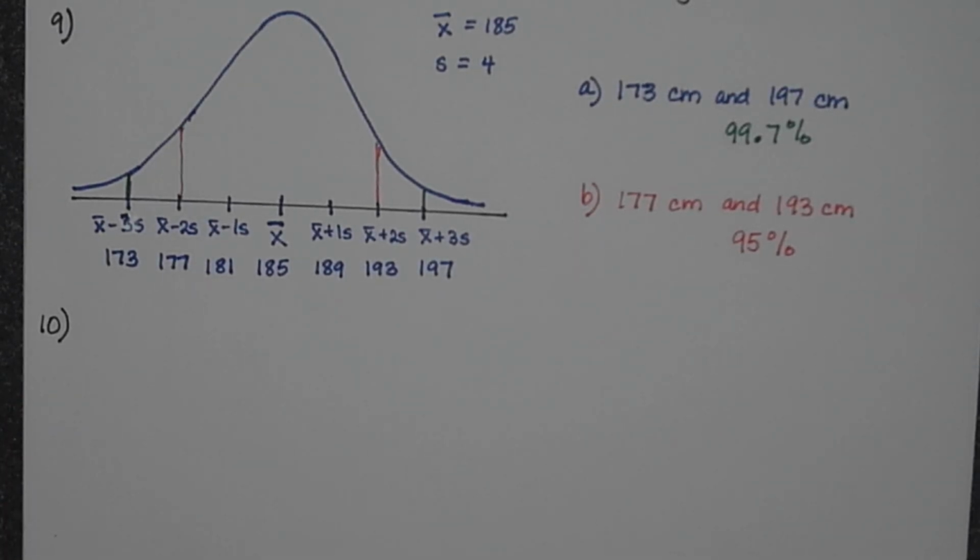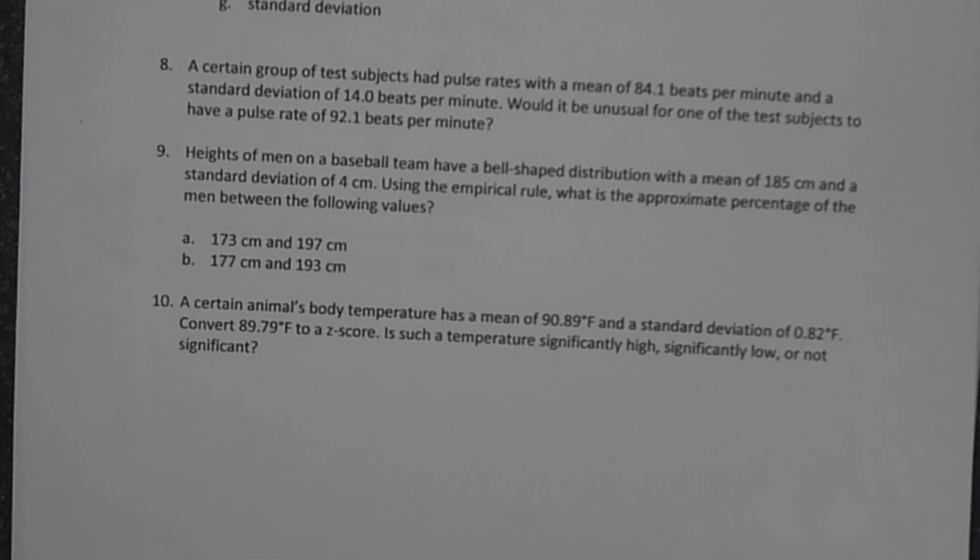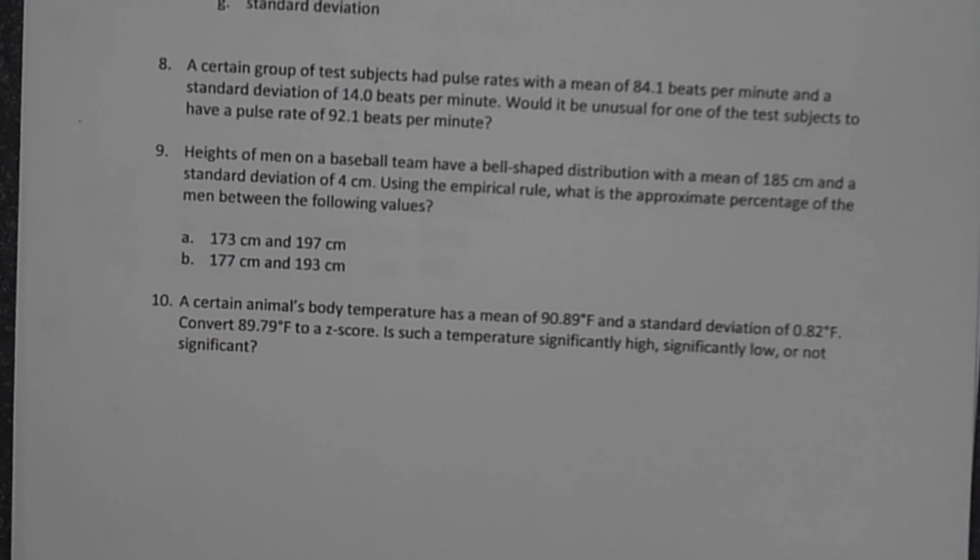And finally, number 10, a certain animal body temperature has a mean of 90.89 degrees Fahrenheit and a standard deviation of 0.82 degrees Fahrenheit. And they wanted to convert 89.79 degrees Fahrenheit to a z-score. And then, is such a temperature significantly high, significantly low, or not significant?